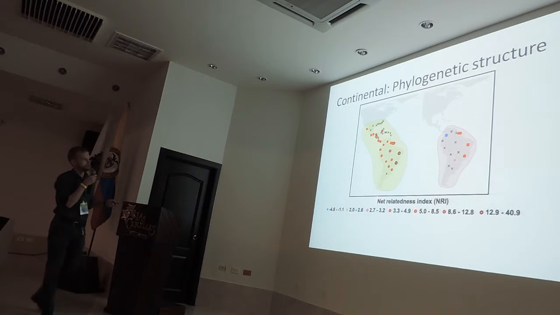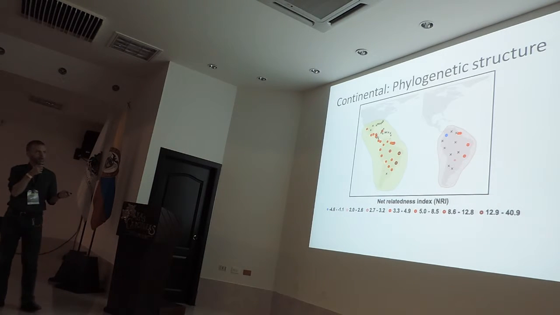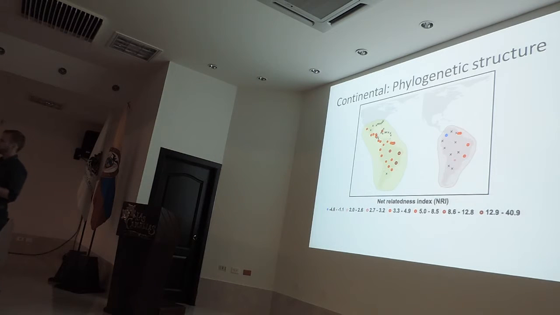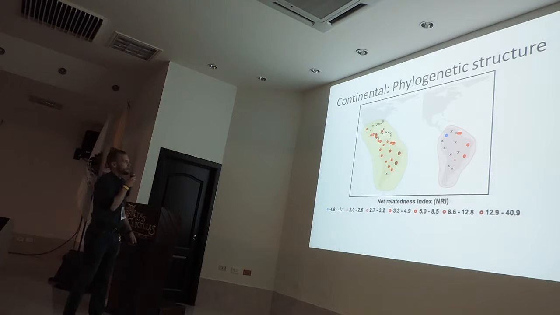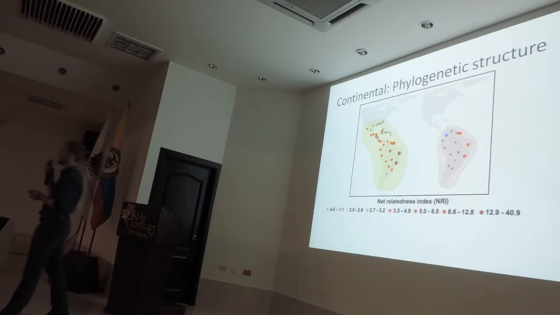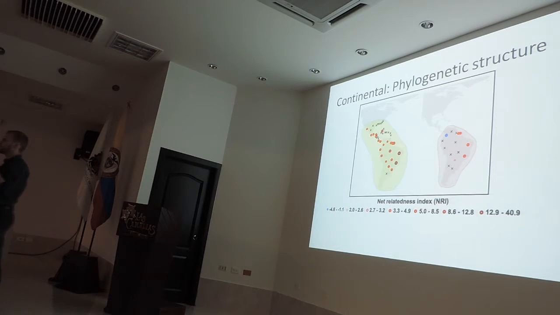And this basically shows how closely or distantly related the palm species in those units are, with red and big blobs indicating close relatives and blue blobs indicating distant relatives.